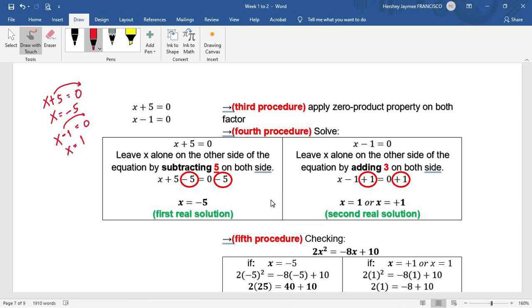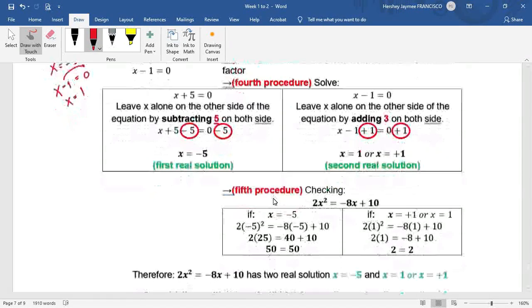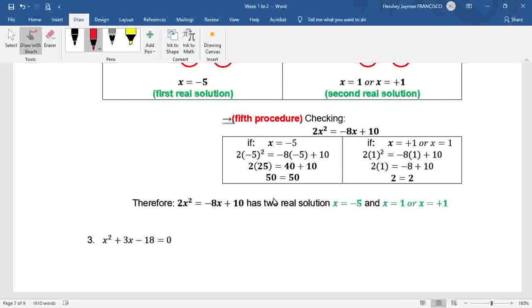Okay. So, look at it, screenshot it so you can study it well, and it is much better if you take notes while watching this video. Okay? So, upon checking, this will be our answer. This is our original equation. You always use the original equation for checking. And then, substitute the real roots or real solutions you got. This one is negative 5.